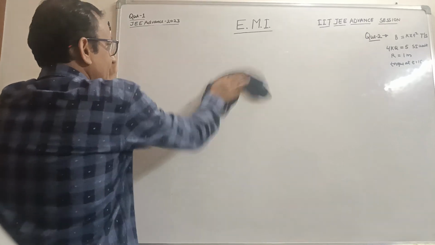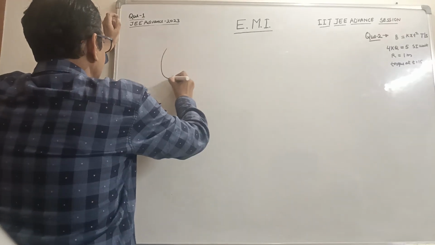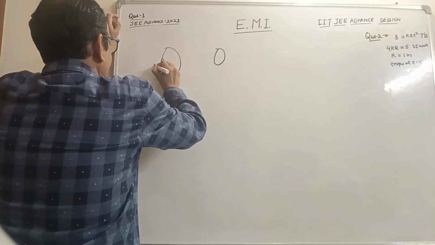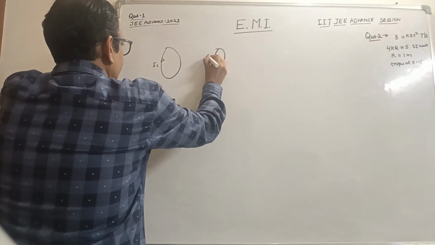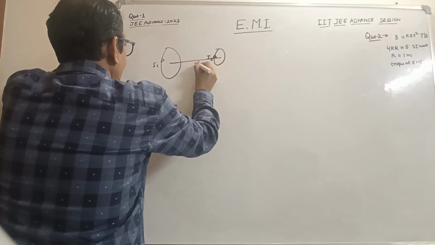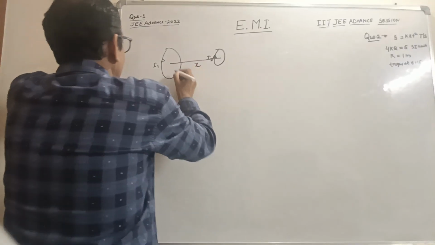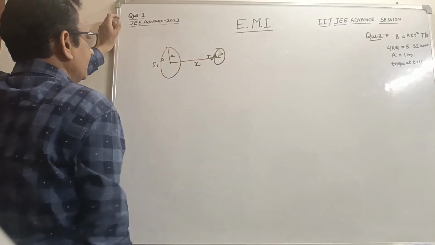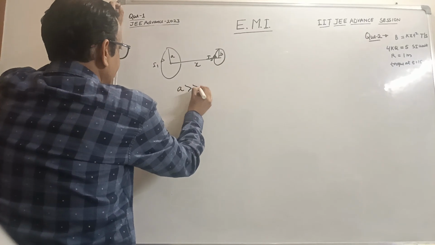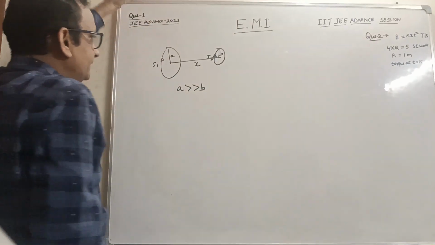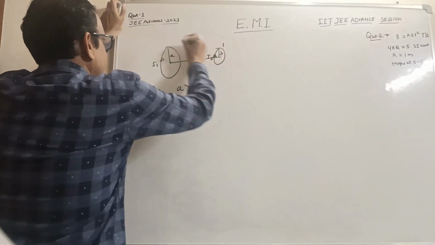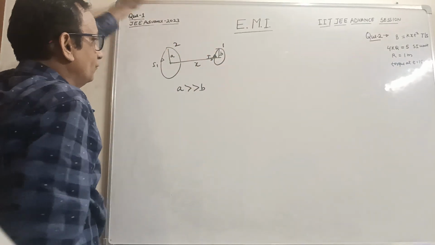So let us consider the case where a current-conducting coil is here. I1 current is flowing here, I2 current is flowing here, and this is the distance x from here. The radius of this loop is A and this loop is B, and the condition given is A is very much greater than B. Suppose this is 1 and this is 2, we have to find the flux through 1.